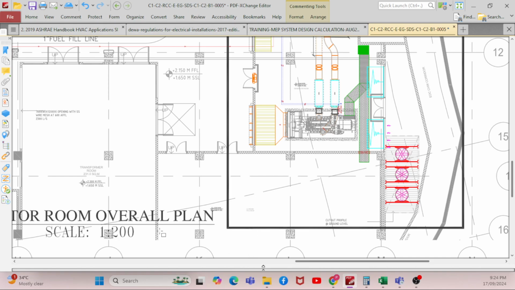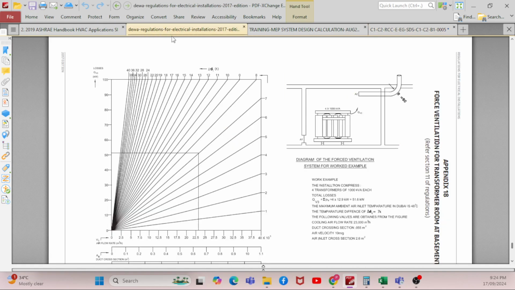Whenever the power is carried through, the transformer is also one of the equipment. If you go to the regulations, you can see there is a transformer room where you can see the transformer. Whenever power transmission happens from HV to LV, the power goes through the transformer, so the transformer produces a lot of heat.